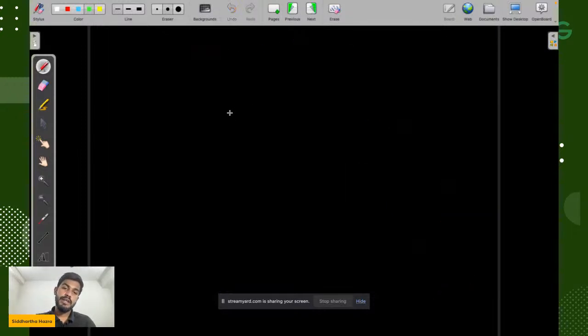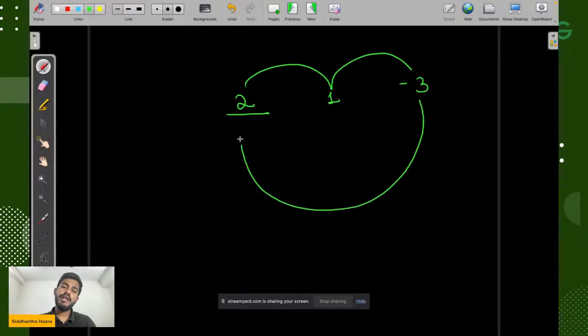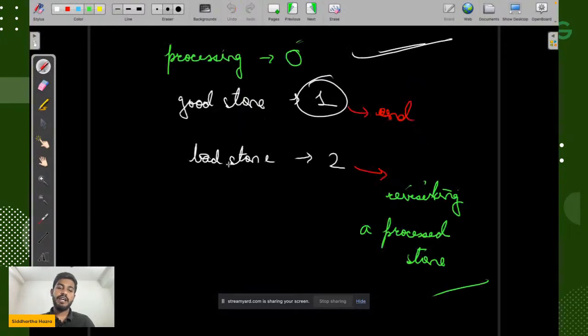Suppose I started from 2, then I came to 1, and then I came to -3, and then again I'm revisiting it. If I'm revisiting a processed node, then I would return 2. This is very easy if you just see it in recursion.